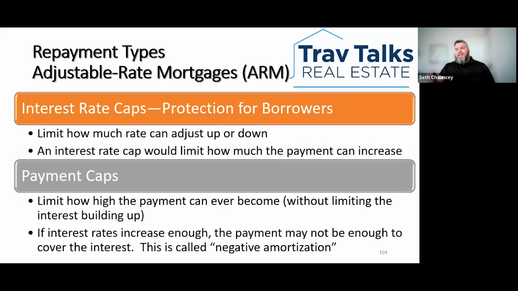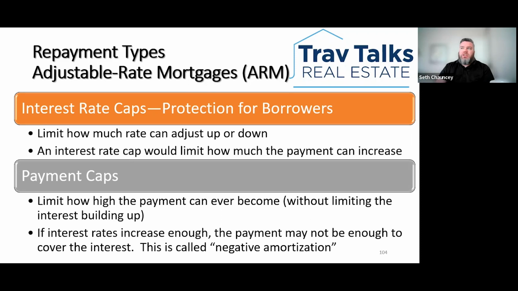So interest rate caps do provide protection for borrowers. They can limit how much the rate can go up or down in a given period of time, and that limits the payment increase, which is a good thing. The problem, however, comes with a payment cap.